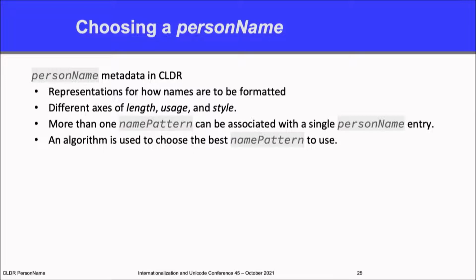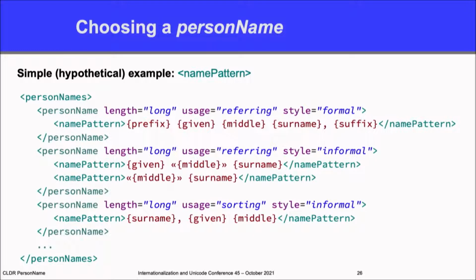So you have person names, plural, which contains multiple person name sets, and each one of those can have multiple name formats, at least one, but can have more than one. And then there's an algorithm that's defined on how to choose which name pattern to use.